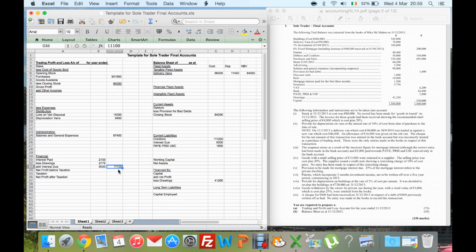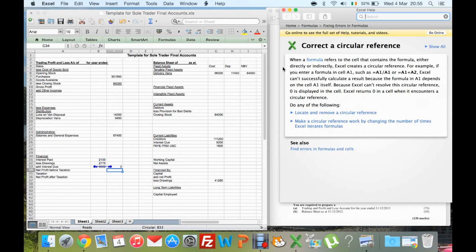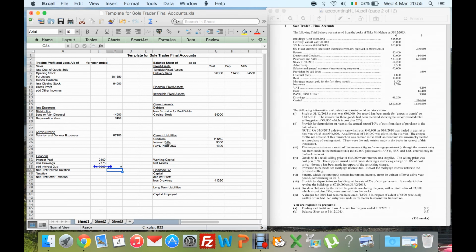So now our actual mortgage expense is going to be the 2,100 interest paid minus the drawings, and then plus the amount that we still owe, the 9 grand. Oh, I've got to correct that. Do that again.